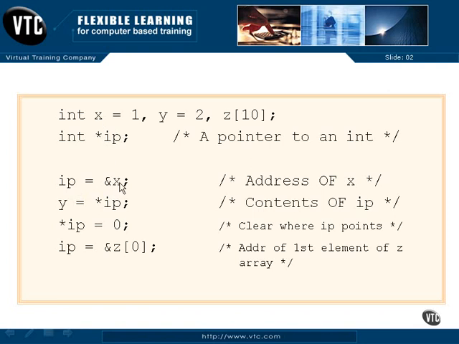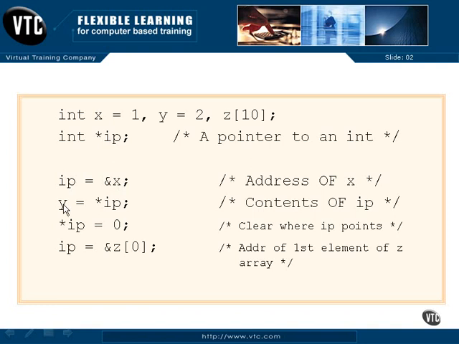And now down here we're going to get the address of where x is stored in memory. Address of x. That's how you read that. So we'll take the address of x, where it sits, and put it into the IP pointer variable that we created up here. So now IP points to x, points to this variable here, where it sits in memory.